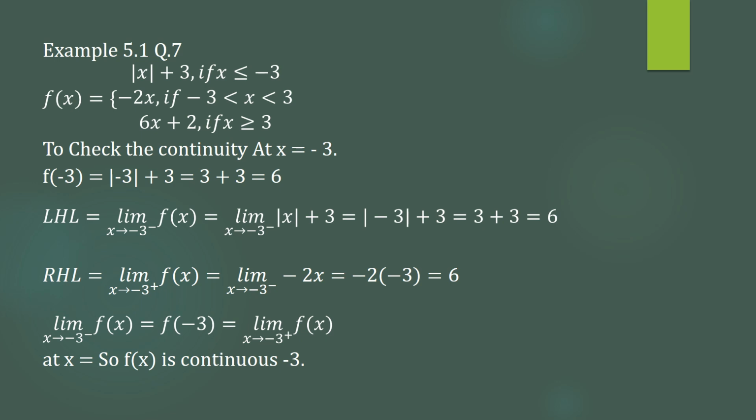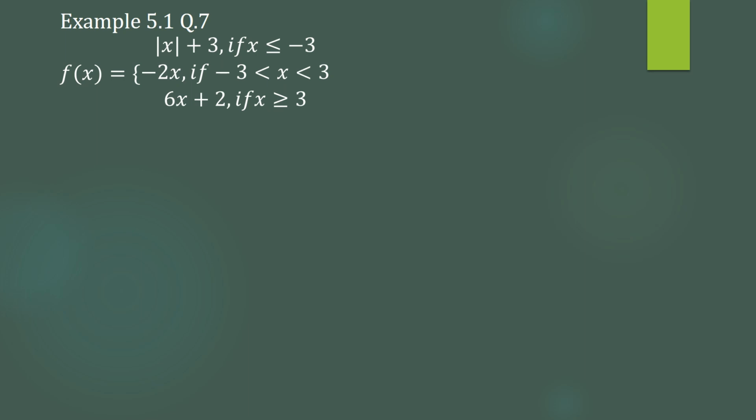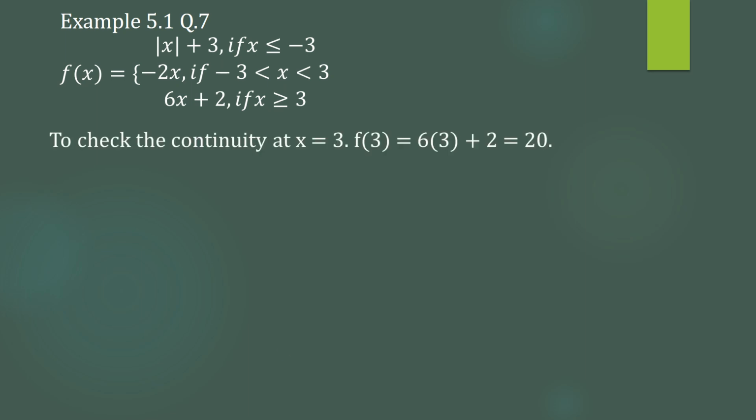Now we will check the continuity at x equal to 3. For that, again I have copied the question. Here, f of 3. Now for f of 3, we have to select this function because the equality sign is with this. So f of 3 will be 6 into 3 plus 2, that is 20.